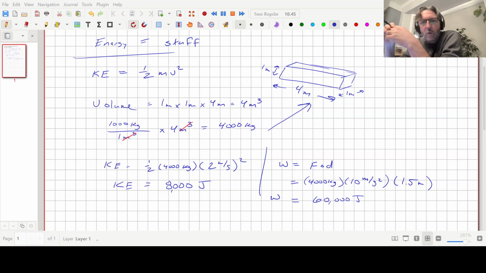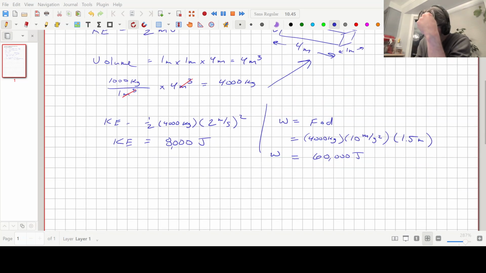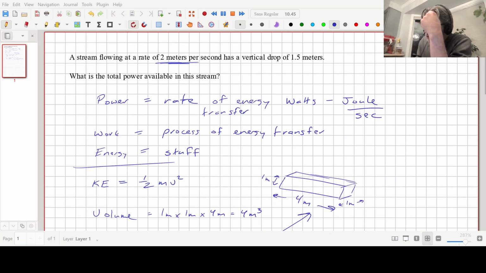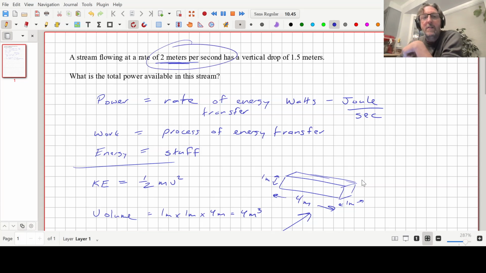But how many of those rectangles are dropping every second? Well, because the water is moving at, let me scroll back up here, 2 meters per second, that means, because it's only 1 meter back, that I'm getting 2 of those rectangles every second dropping off that little cliff.